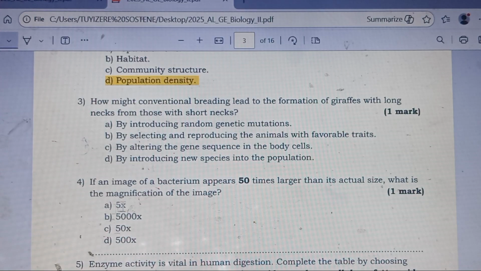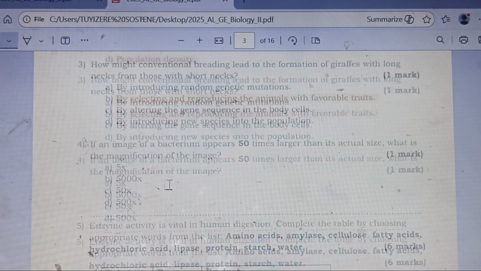C. By altering the gene sequence in the body cells. D. By introducing new species into the population. The correct answer for question number 3 is B, by selecting and reproducing the animals with favorable traits.